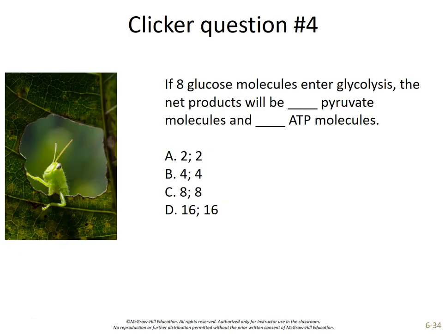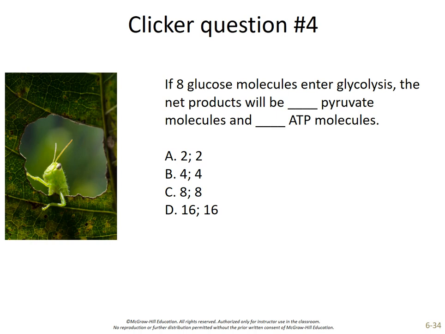If 8 glucose molecules enter glycolysis, the net products will be how many pyruvate molecules and how many ATP molecules? Okay, so this is for 8 molecules. What we've talked about so far was for 1. So for 1 glucose molecule, we need 2 ATP to get the process started.